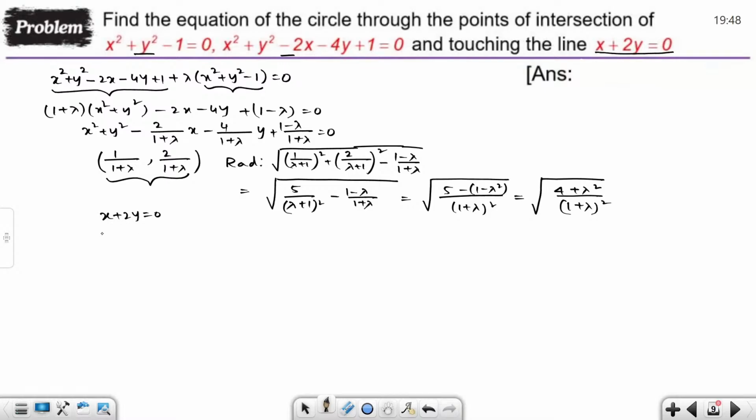So what will be the perpendicular distance drawn from the center? So this is the perpendicular distance drawn from the center on the tangent, which is nothing but your radius, and which is, am I correct? So let me simplify a little bit.